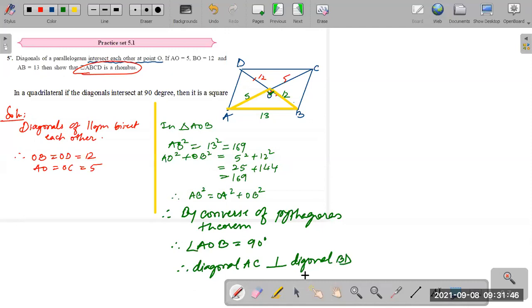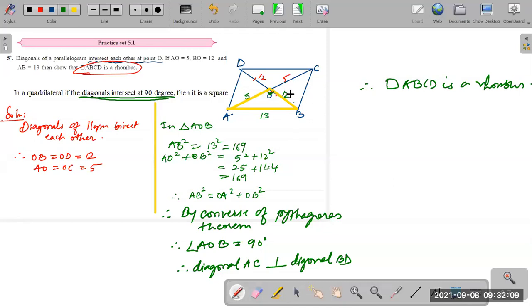Okay, they are perpendicular. And therefore, what can we say? If the diagonals are perpendicular, or if they intersect at 90 degrees, then we can say that it is a rhombus. Therefore, quadrilateral ABCD is a rhombus.